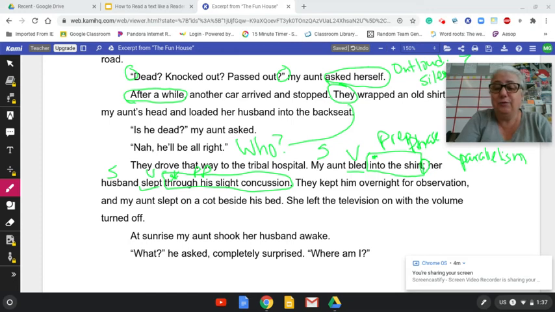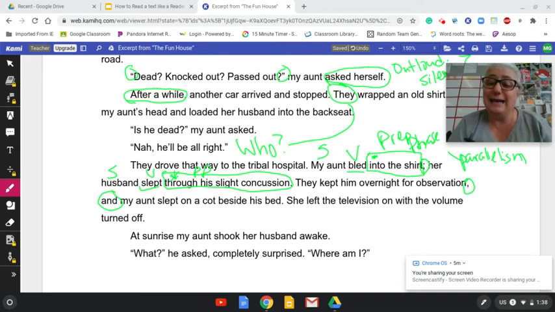And again, we've got "they kept him overnight for observation," comma, "and," and that makes it another compound sentence. So we have two compound sentences in a row. This one uses a semicolon; that one uses a comma and the word "and." But again, "they" is our subject, "kept" is our verb. "Slept."